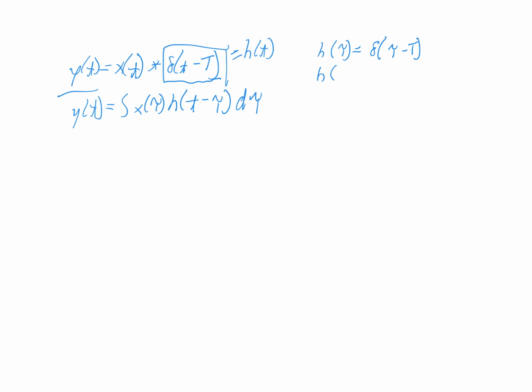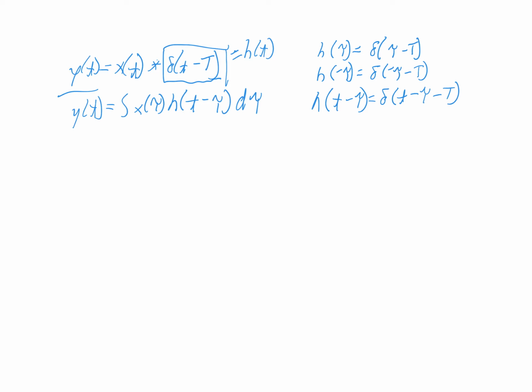So we want to know h at negative tau, so we evaluate this at negative tau. And finally, we need to know h at t minus tau. So we have delta at t minus tau minus capital T.